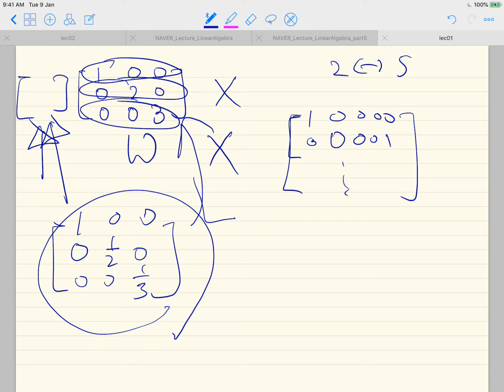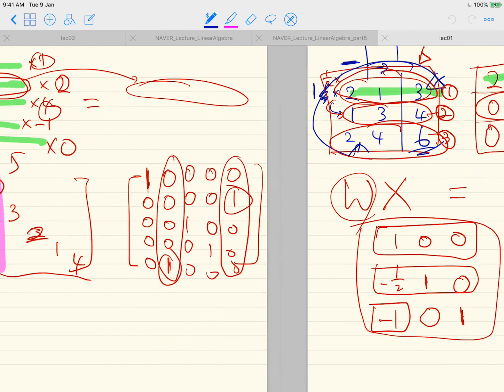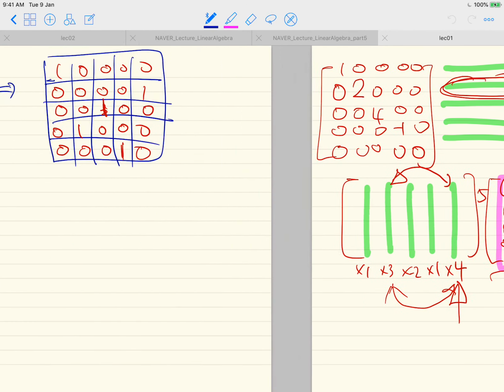So interestingly, in this row interchange matrix, what is the inverse matrix? The inverse matrix is the same as the original matrix. Suppose this is called P, where P is the acronym for permutation. Permutation is the row interchanging, like shuffling or reordering the rows.